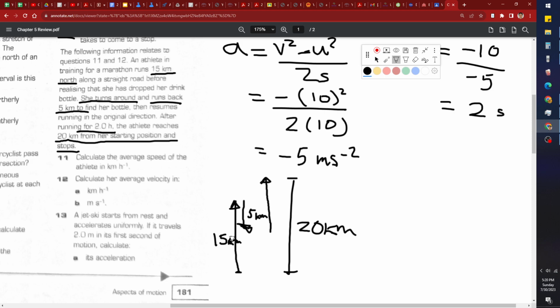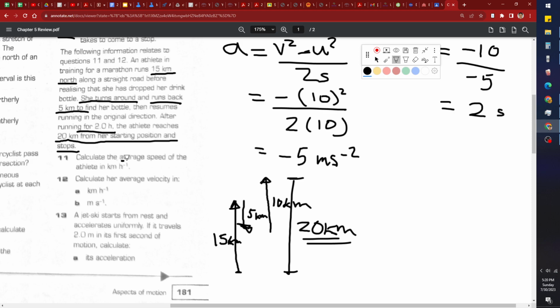If you look at this though, she ran 15 kilometers, then 5 back, and then another distance that way, so that her total away from her starting position is 20. So if you do some easy math, it's 15 minus 5 is 10, and then another 10 to add up to a total of 20 kilometers. So this must be 10. This may be useful for us.